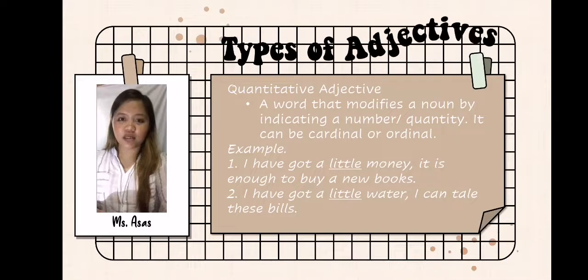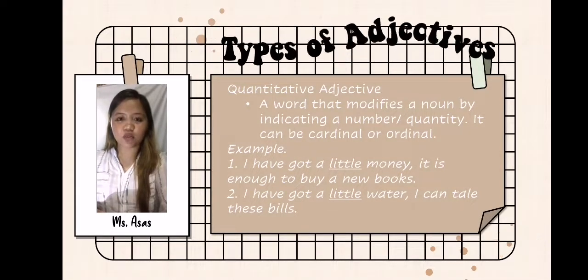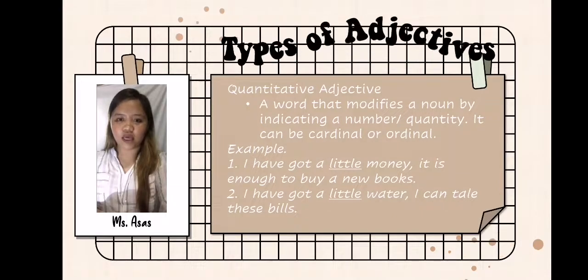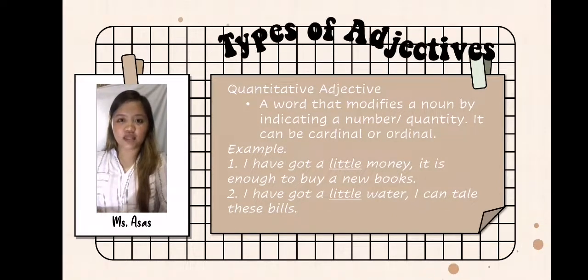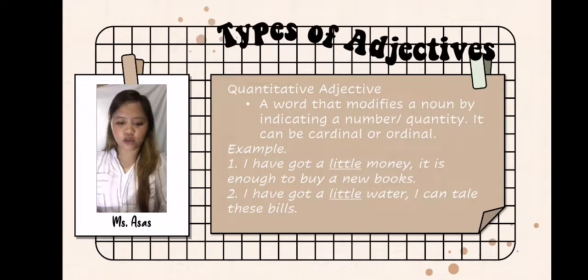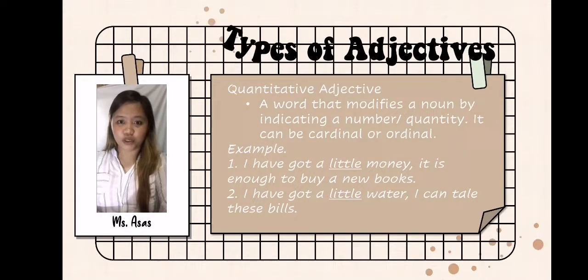The third example is: this 2021 we have many COVID-19 cases. And couple: I saw a couple of boys or girls. So, katulad nun.